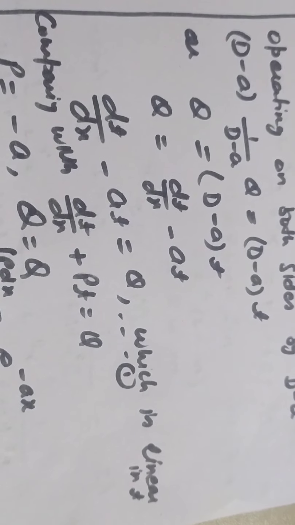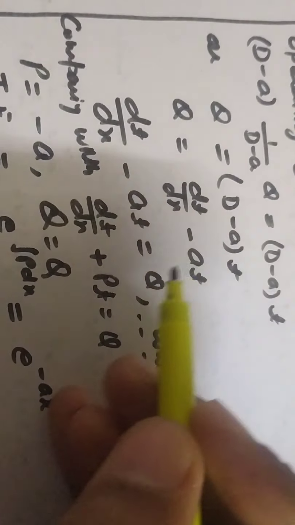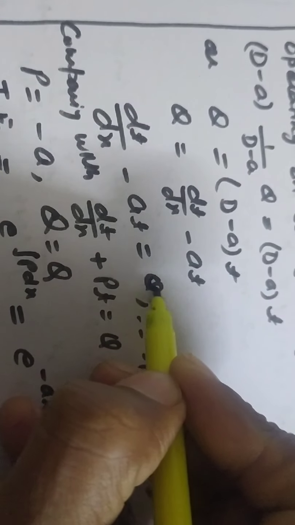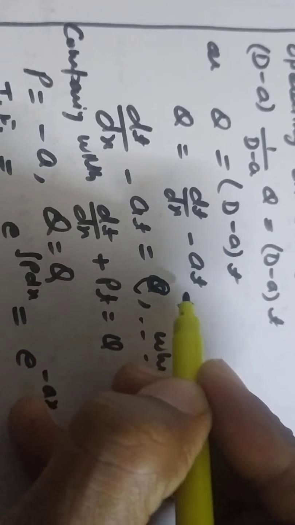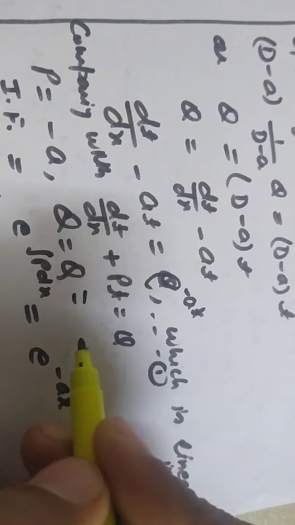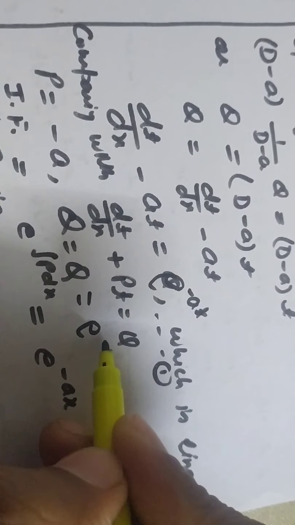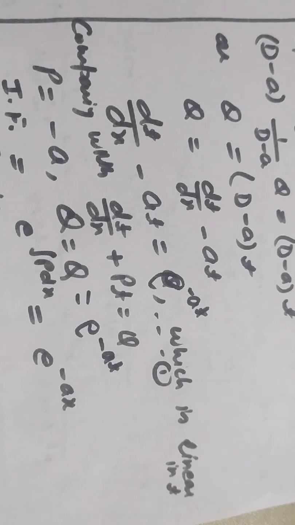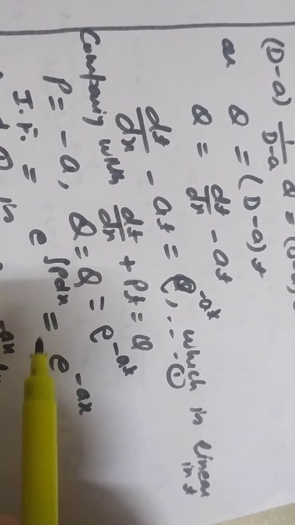Here q is nothing but the given q, and the integrand will be q into e raised to minus ax. So the integrating factor will be e raised to integration of p dx.